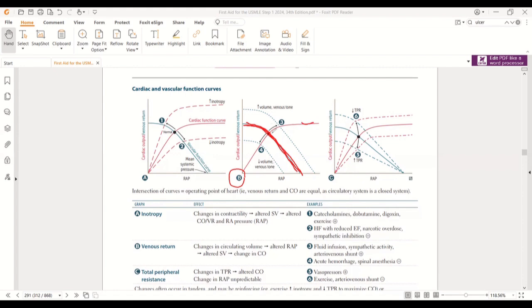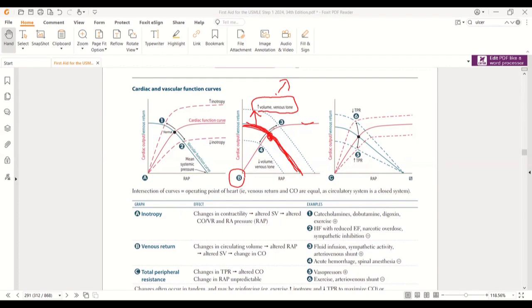Okay. If you give fluid, what will happen? It will increase the preload, increase volume, increase venous return. If you give that subject increased fluid, it will lead to increased volume, increased venous tone, increased venous return, right?